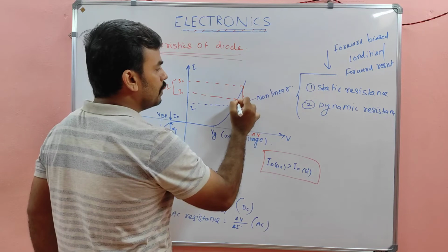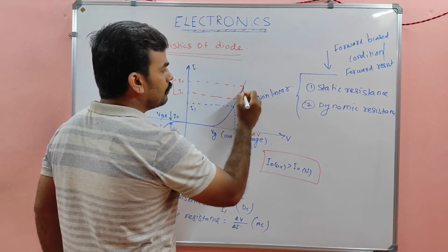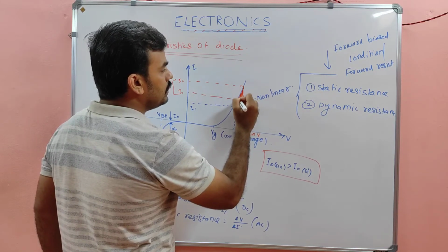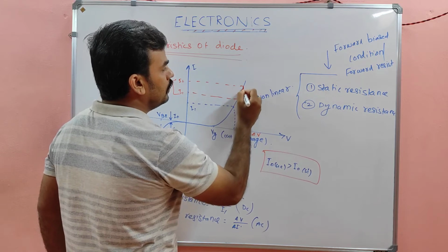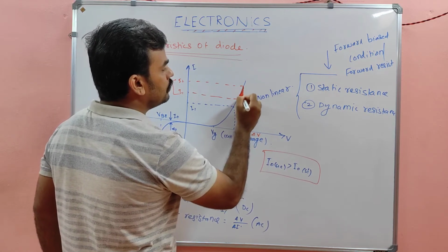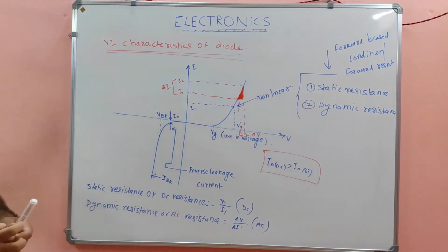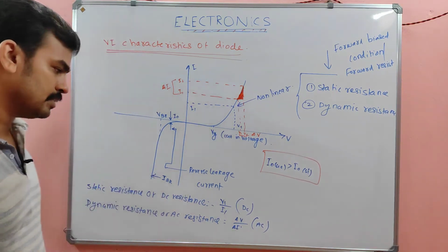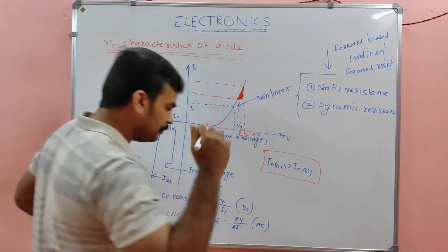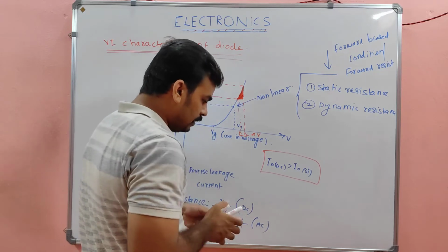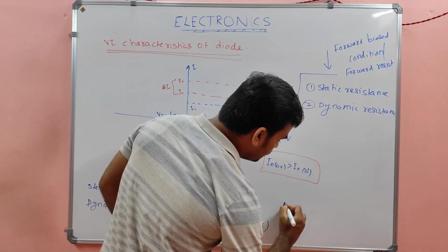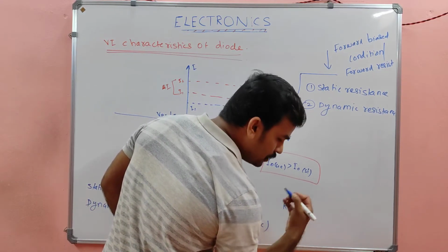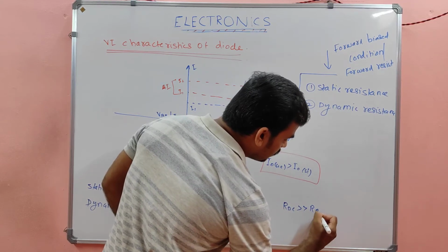Graphically we can mark it like this. This delta V to delta I is called the dynamic resistance. From the competitive examination point of view, you have to note one thing, my dear: RDC is very much greater than RAC.